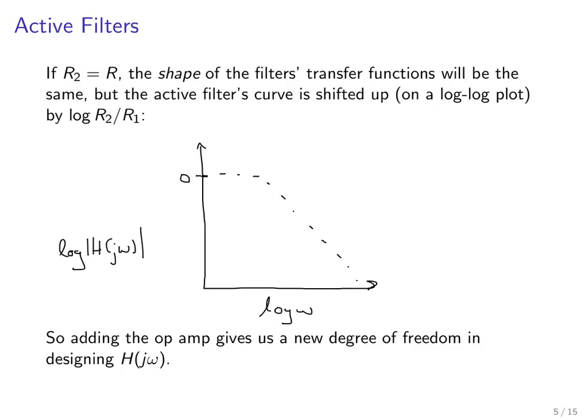And the active is going to have the same shape, but it's just going to be shifted up by an amount equal to log of R2 over R1. So that is this value there. And this guy is the active, and this guy is the passive curve.